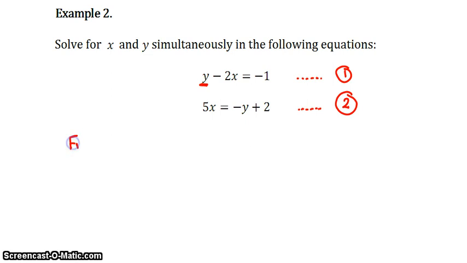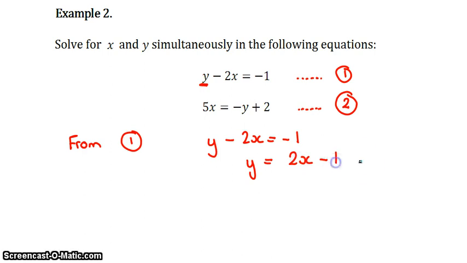So for me, I think my easiest equation is equation 1. So from equation 1, I can tell you that y minus 2x equals minus 1. So if I isolate y, I add 2x to both sides, and I'm going to call this equation 3. So the steps are: pick the easiest equation and isolate one of the letters by itself.